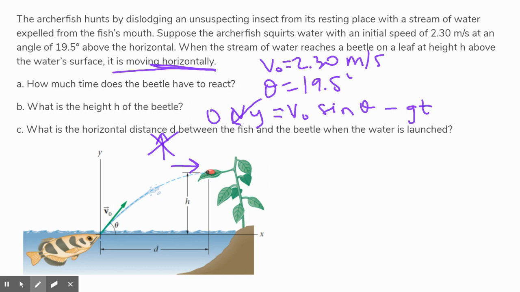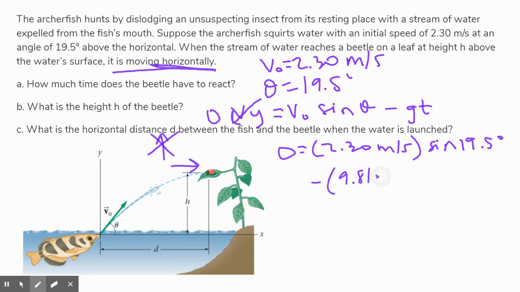And we can start plugging in what we know, which would be 0 equals 2.30 meters per second multiplied by the sine of 19.5 degrees minus 9.81 meters per second squared times t.